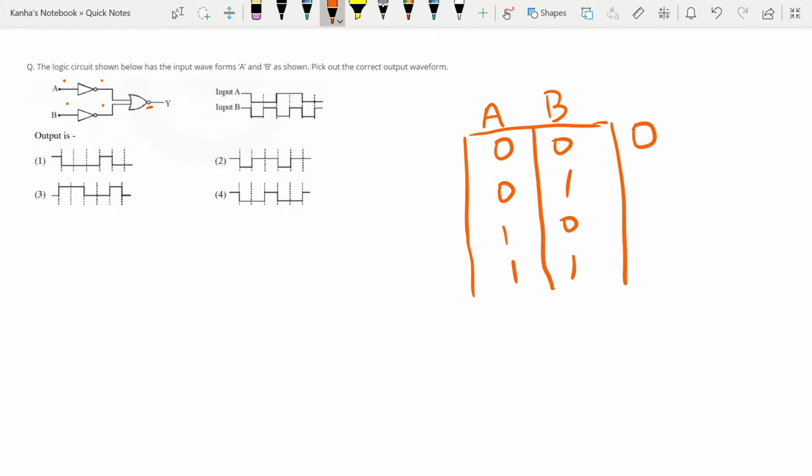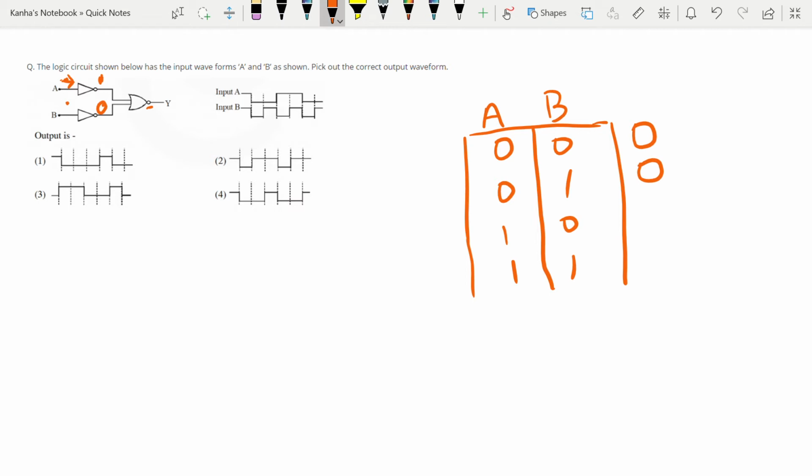When you start with 0 and 1, I have 0 here and 1 here. The 0 for A will go in, and the NOT gate will convert it into a 1. The 1 of B is converted into a 0. Then 1 and 0 will go into a NOR gate, so it will give me the value of 0 again.